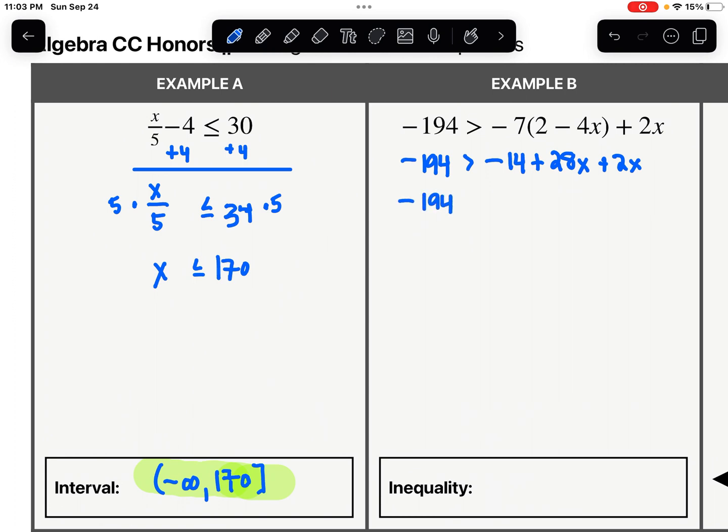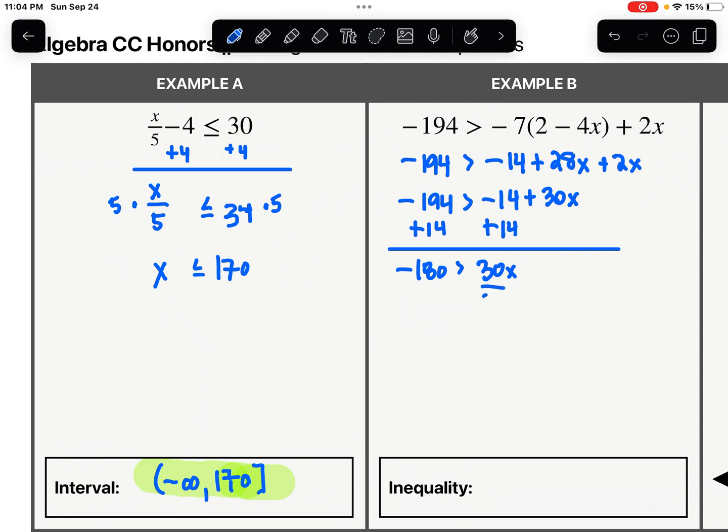So negative 194 less than negative 14 plus 30x. I can add 14 to both sides. And that will be negative 180 is greater than 30x. Divide both sides by 30. And x is going to be less than negative 6.